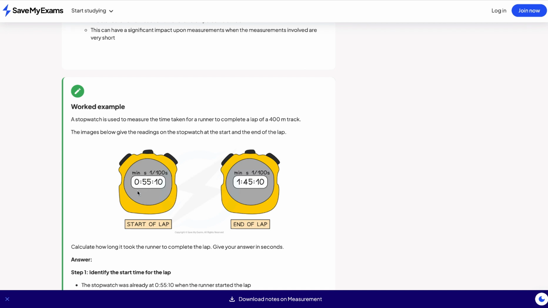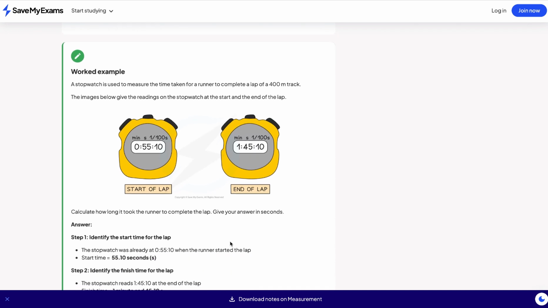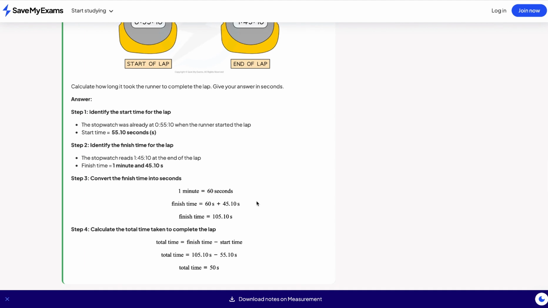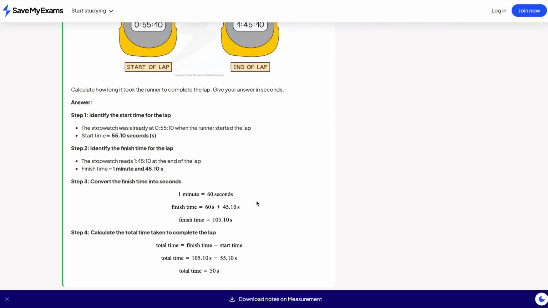The moment we blow the whistle for go, we start the time and record till the finish time, and then we take the measurement. So a stopwatch is used for measuring time, and we record the time in seconds.